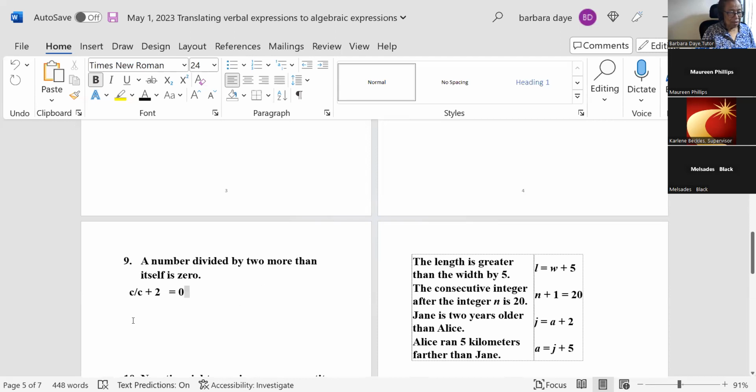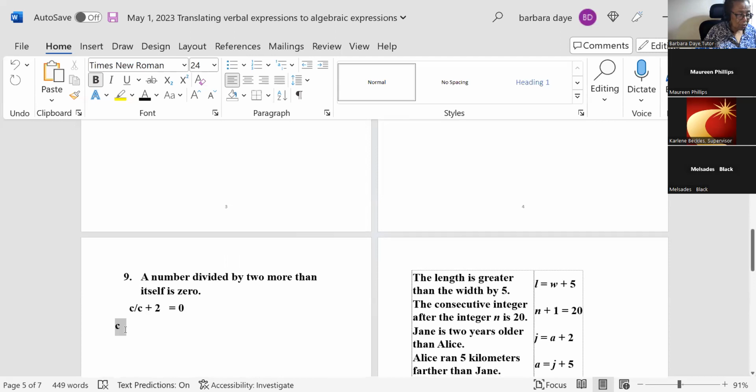You could write it as C on the line, and then underneath it you have the C plus two, and that's equal to zero. C divided by two more than itself: you take that same number and add two. That's what it means by itself. You're repeating the number and adding two to it.